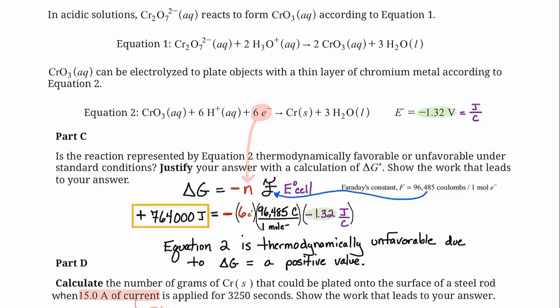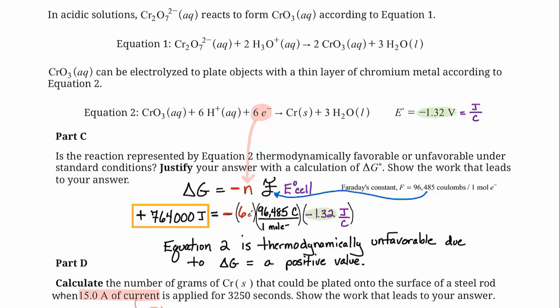Remember, spontaneous reactions that are thermodynamically favorable occur without an input of free energy. They give off the free energy to drive and couple other reactions. In any case, the value is positive, therefore it's thermodynamically unfavorable due to a delta G that's positive. All right, so that's what they wanted the calculation for, and that's basically it.